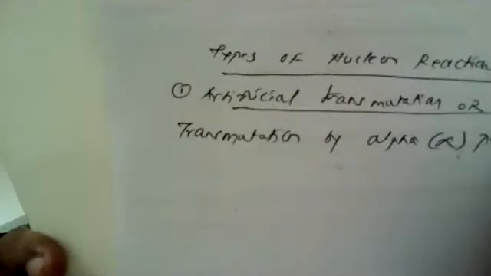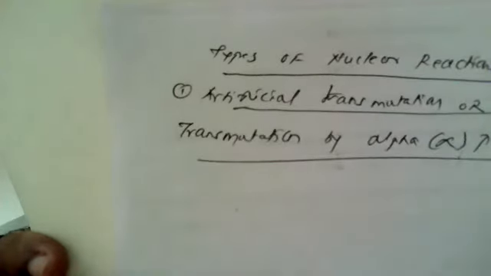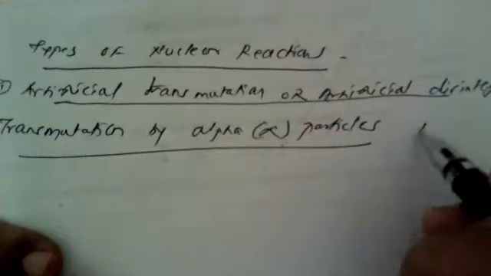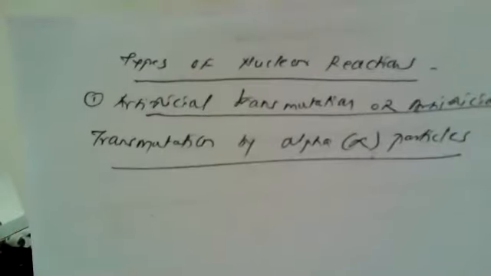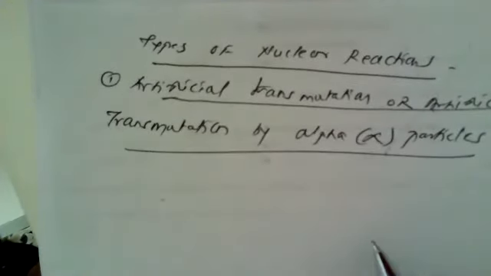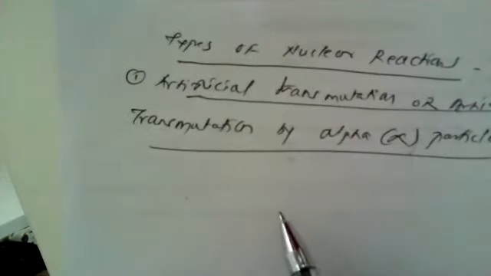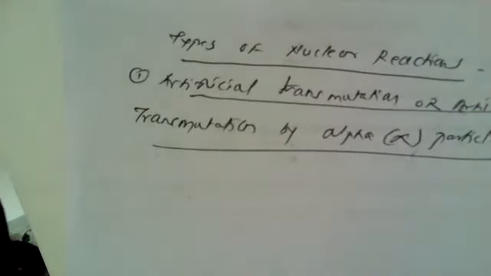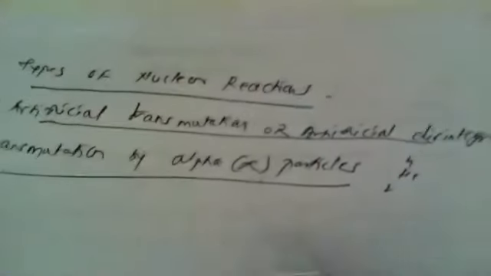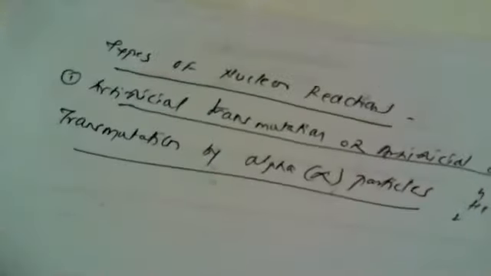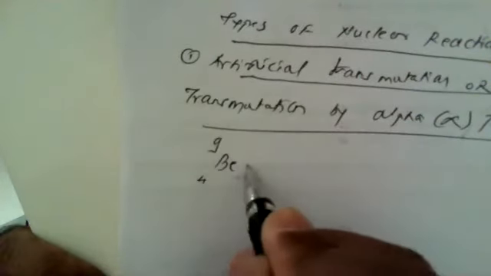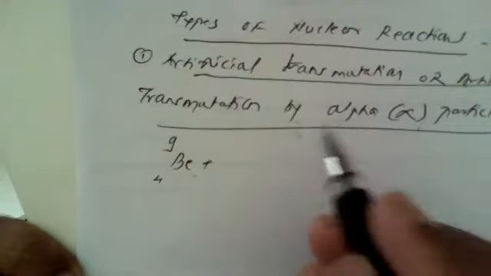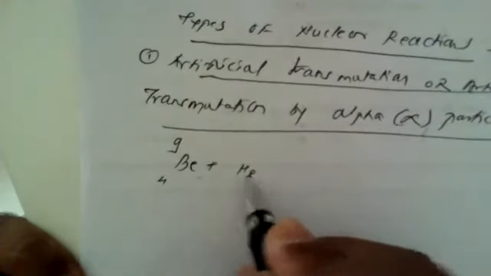Alpha particles, as we know, are helium nuclei. So all such transmutations which are carried out by using alpha particles as projectiles are grouped under artificial transmutation or artificial disintegration. How is this carried out? Just see here. For instance, we can take beryllium-9, with which, as it is a transmutation by alpha particles, we have to use only alpha particles here.